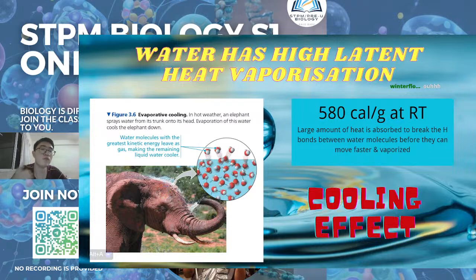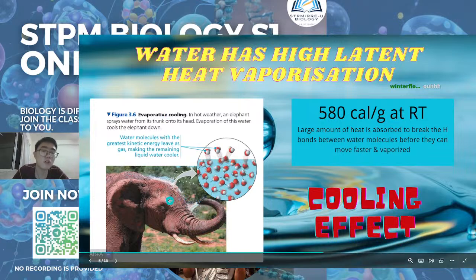When we are in hot weather, we will sweat, right? Why do we sweat? We sweat because we need to have a cooling effect. When we sweat, the water molecules on our body surface will maintain the temperature of the skin. So it provides the cooling effect to our skin, for human, and also for elephant.